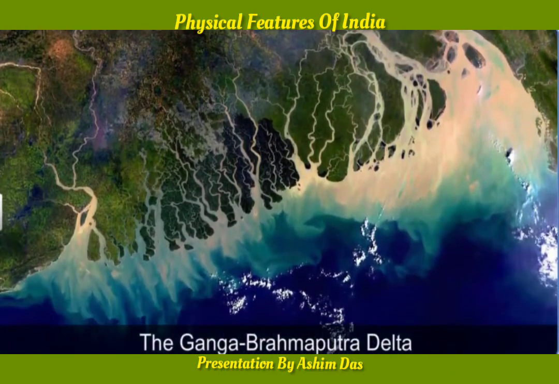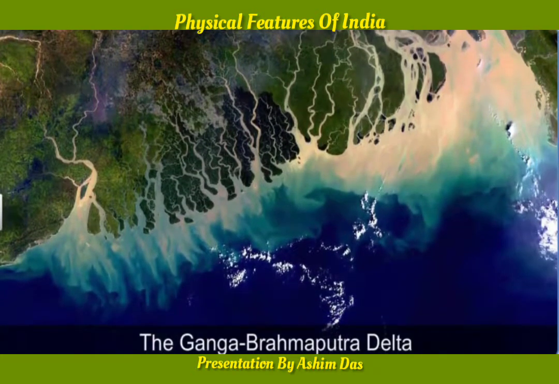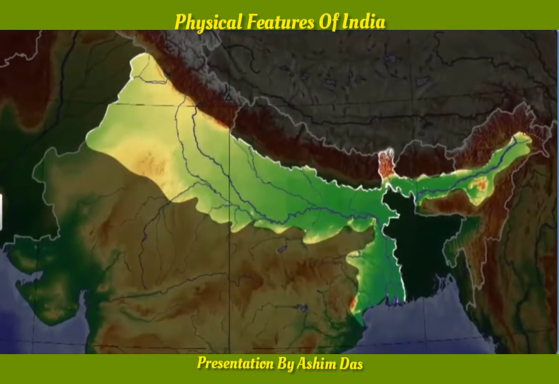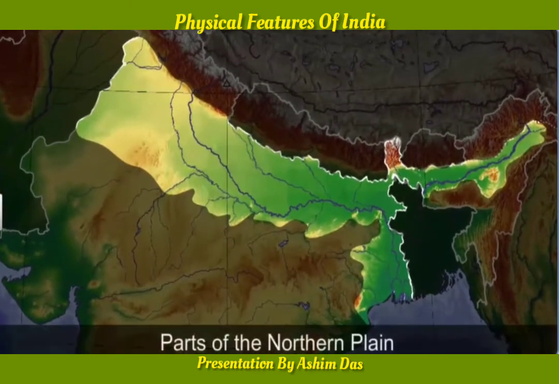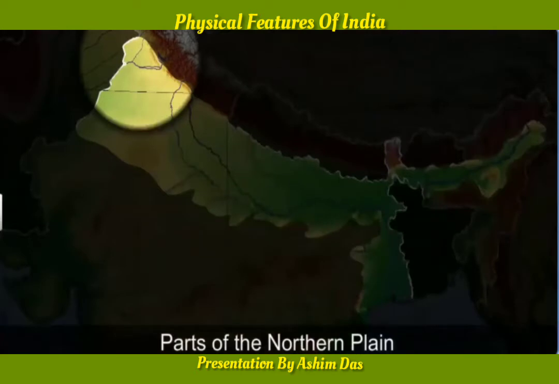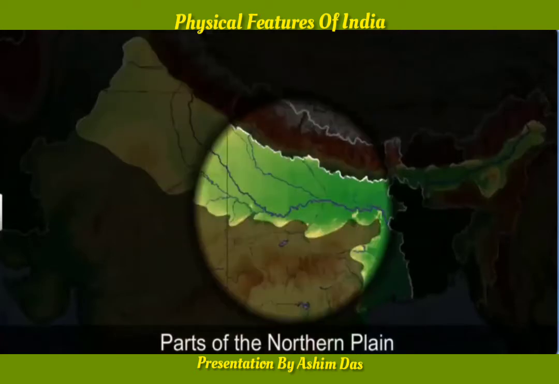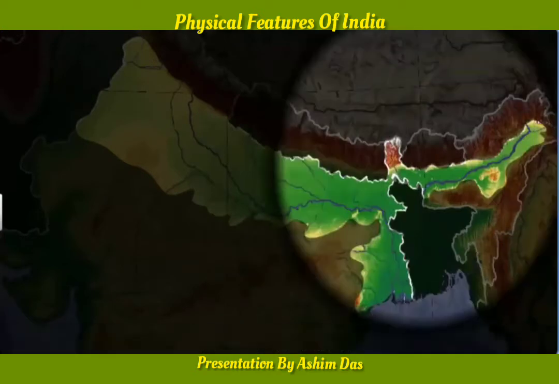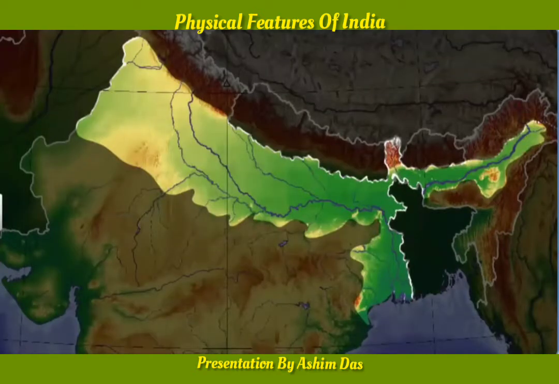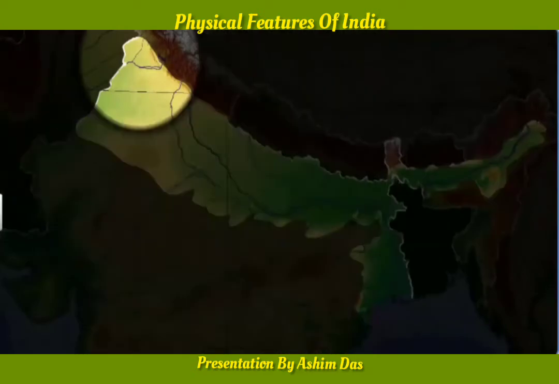Now, we'll take a closer look at the northern plain. The northern plain can be divided into three main parts. Starting from the top, the western part of the northern plain comes first. This part is formed by the Indus and its tributaries.